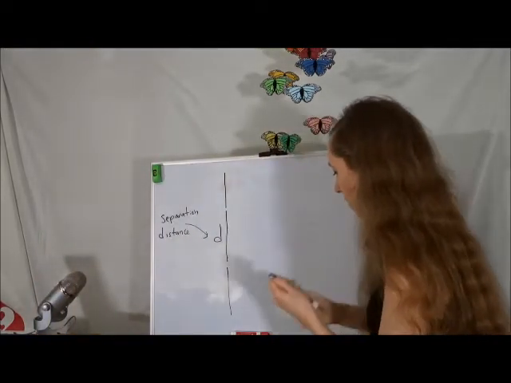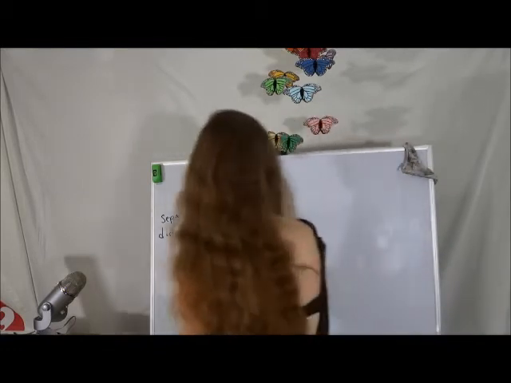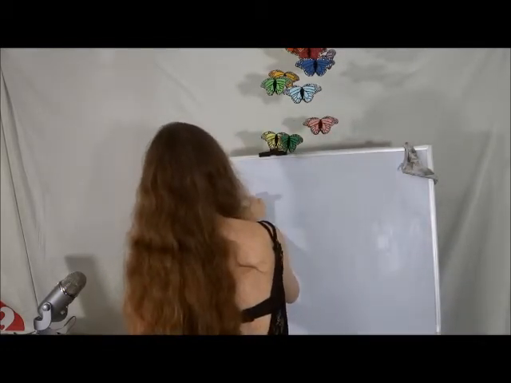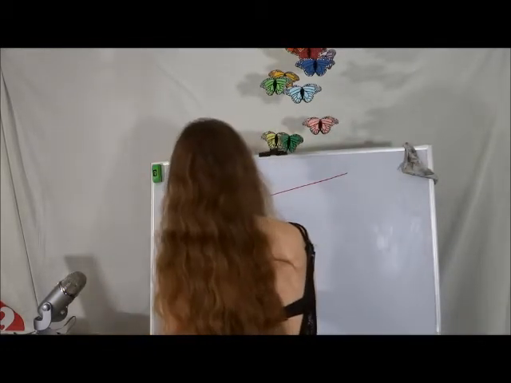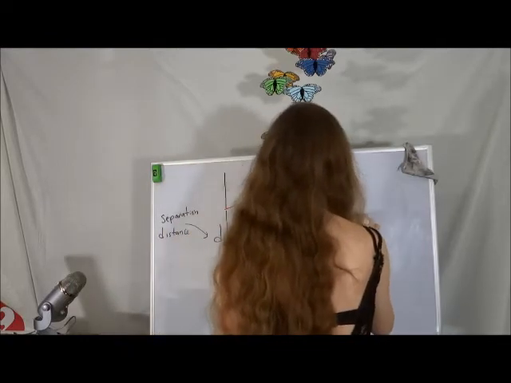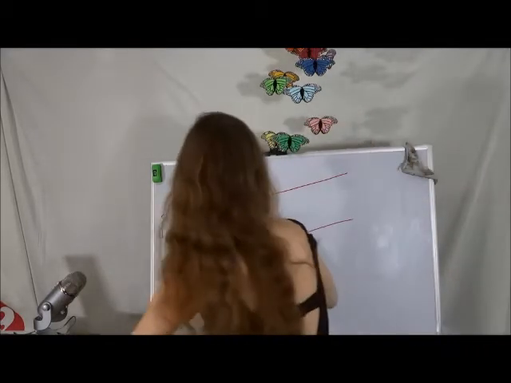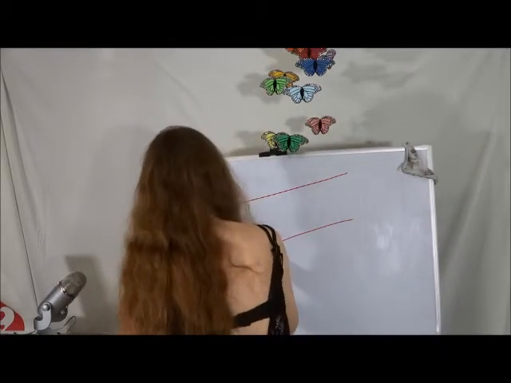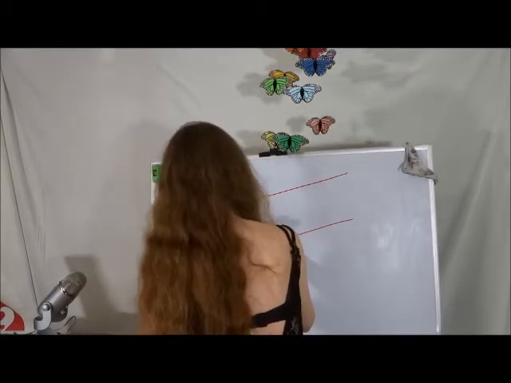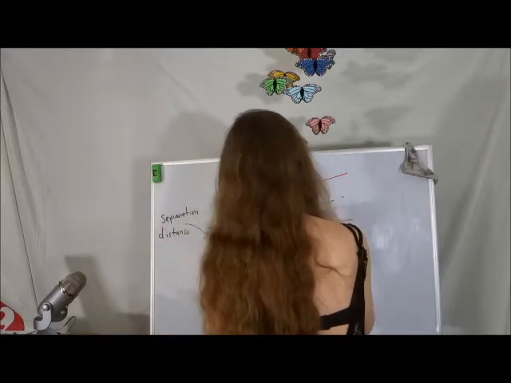And let's draw in our light. So we have one laser beam coming through this slit, and we have another beam coming through this slit. And let's redraw that center line we had from earlier. So this one's just going between the two.